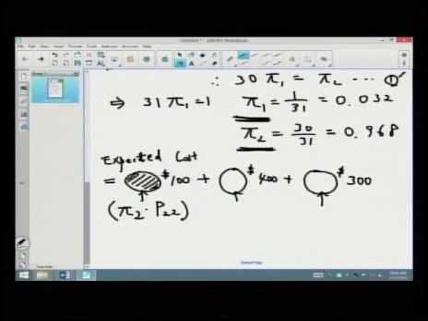Okay? And then you multiply by P sub 2. What is P sub 2? It says all of these customers who have no car accident history will have no car accident in the following year. Is that right?